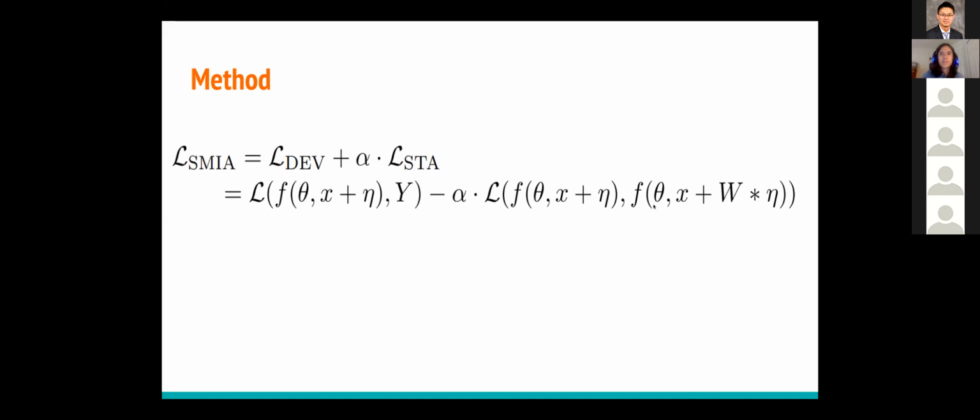But we also have a stabilization term, which we would like to minimize. To minimize this, we want the prediction of the model to be identical before and after the perturbation gets modified. So this combination of deviation and stabilization forces the perturbation to be robust to modifications such as Gaussian smoothing.